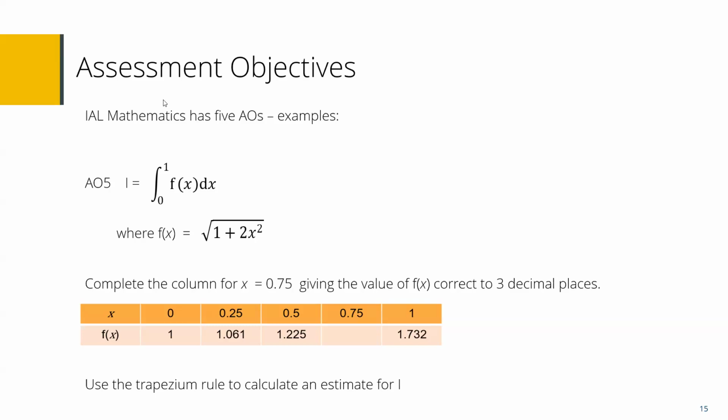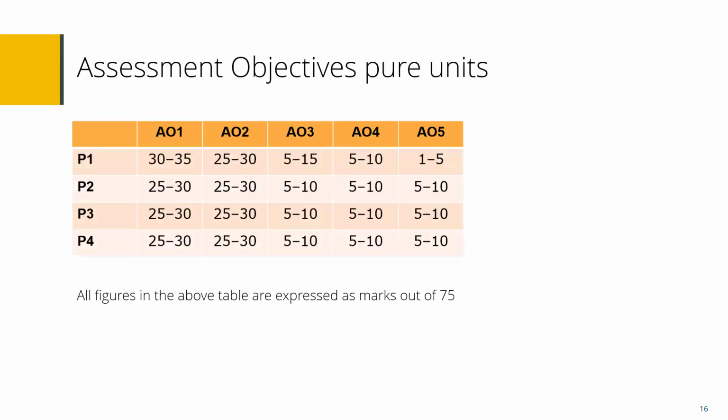If we now look at overall how the assessment objectives are given within each pure paper, you can see P1, P2, P3, P4 on different rows, and the different columns have your different assessment objectives. We can see that from paper 1, Pure 1, there are more marks for assessment objective 1 compared to the other ones.